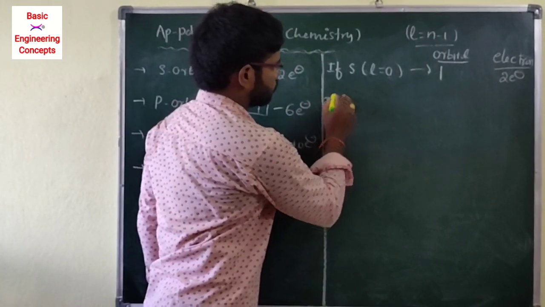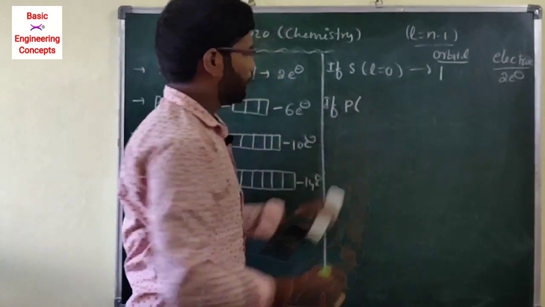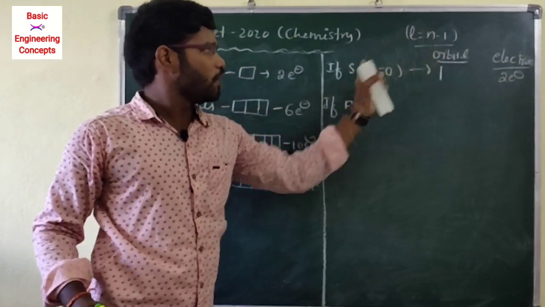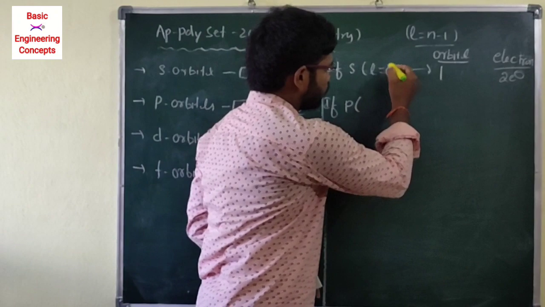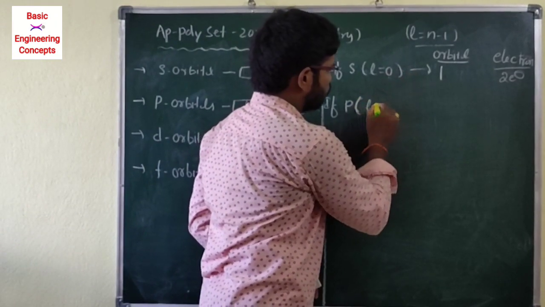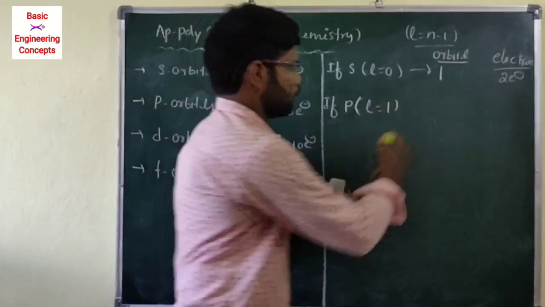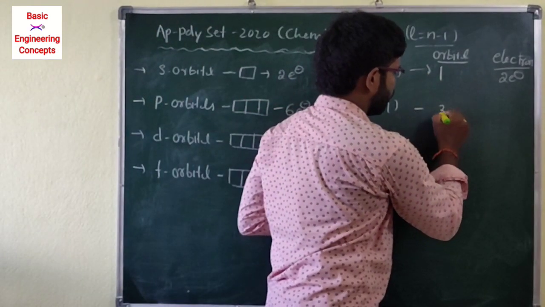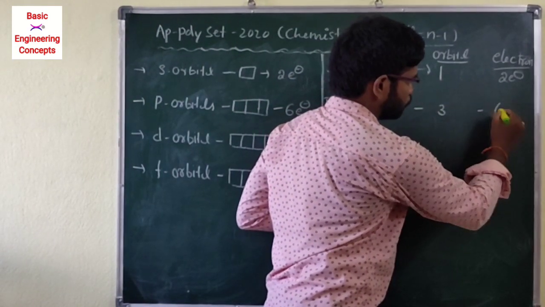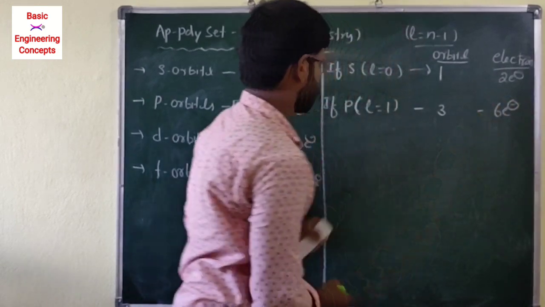For the p orbital, l value is 1, number of orbitals is 3, and 3 into 2 is 6 electrons.